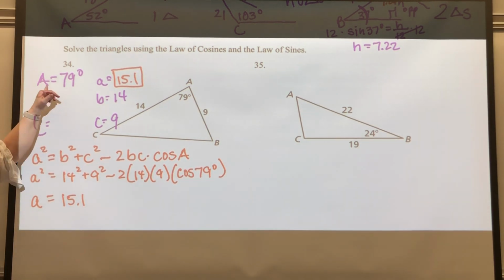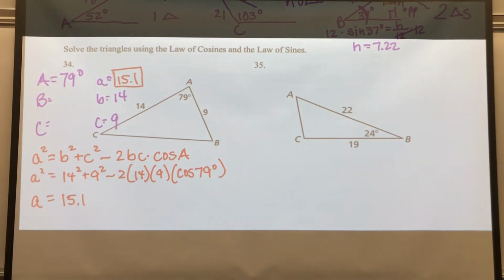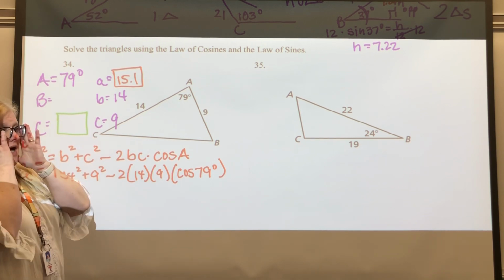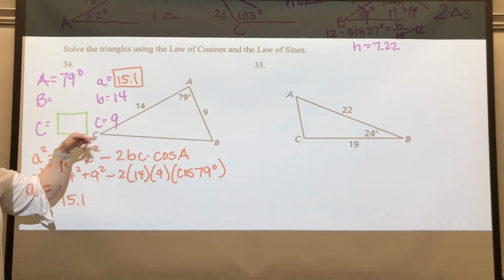And now, since I've got a partnership, I can use the law of sines, which is always a good thing. So now I'm going to find the smallest one here, and it's usually a good thing to do that. If you don't on the test, it's not a big deal, but we usually go for the smaller one.